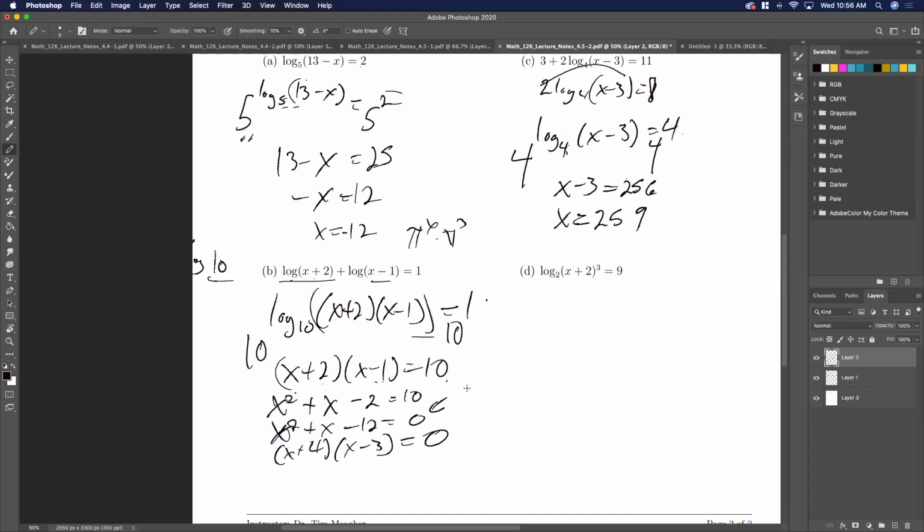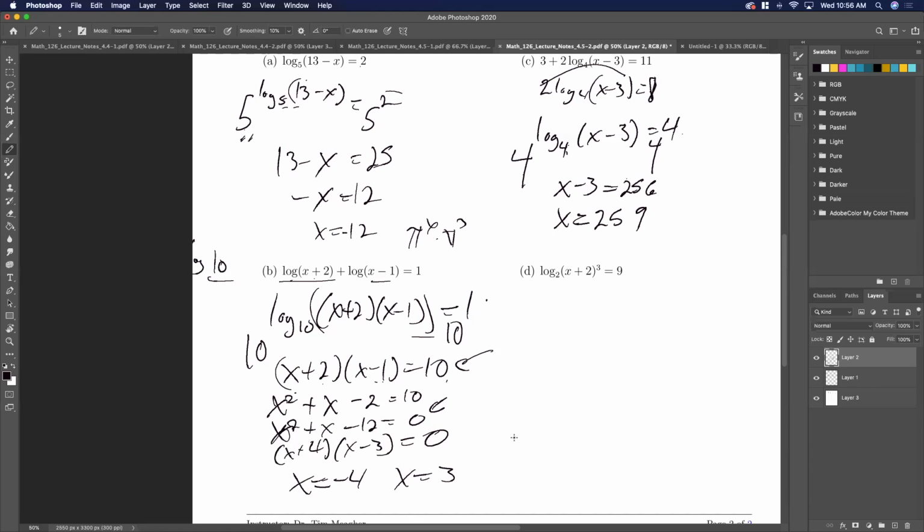Now we can do this. That means x was either minus 4 or x was equal to 3. Does that make sense? So once we get it to this point, this is just solving an equation. So you should be safe at this point, but fight the urge to split it before then.